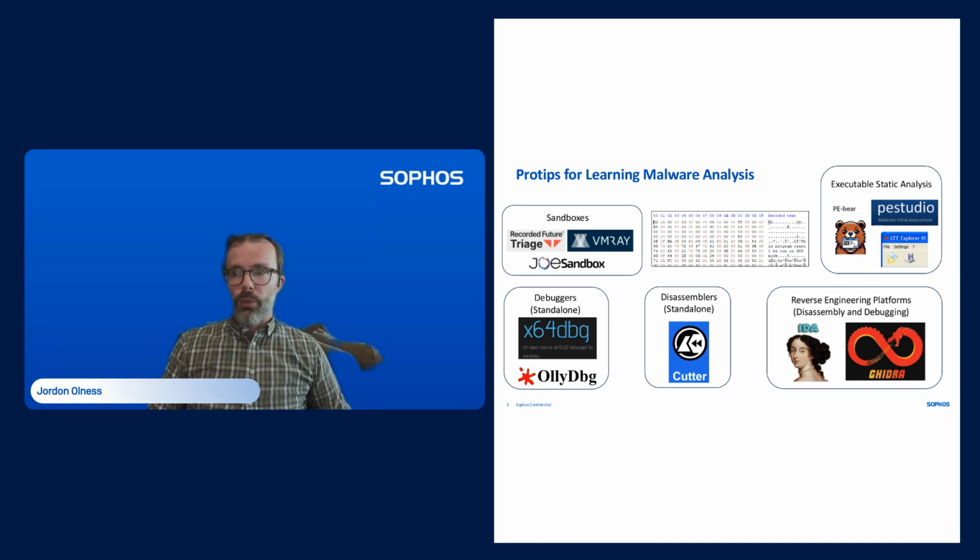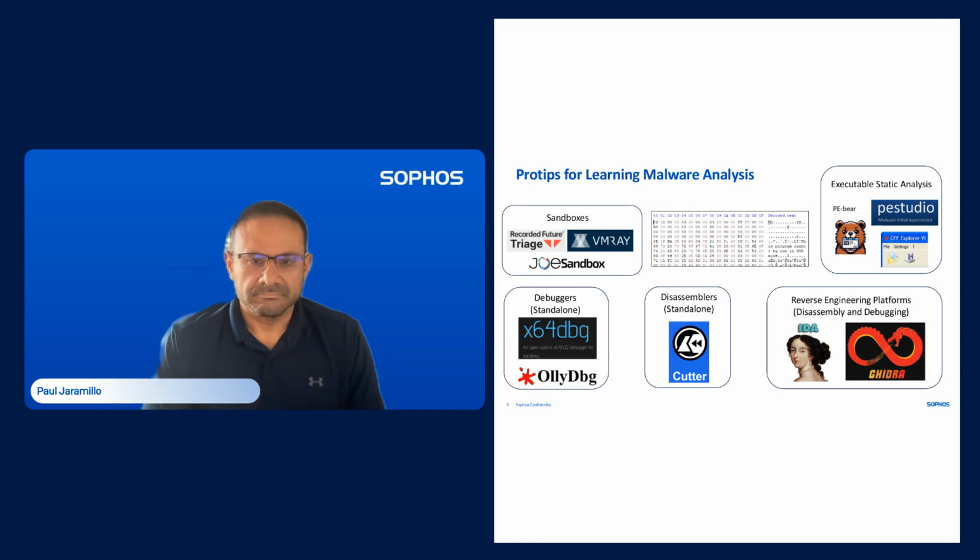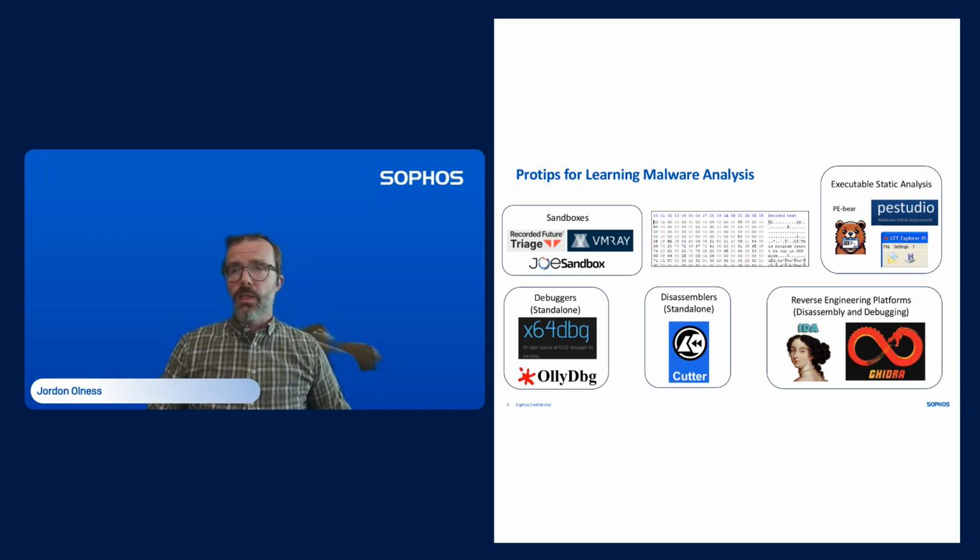These are going to help take a lot of information about what this malware sample does and condense it down into a more digestible form. So these sandboxes are great for things like, as I said, finding a command and control address or finding a persistence mechanism. Wonderful tools for getting to the point very easily.